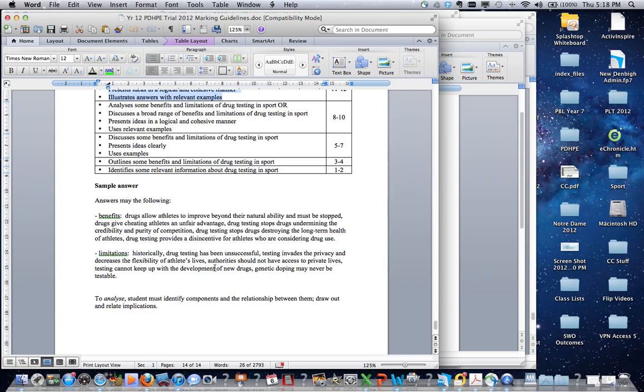Drug testing invades the privacy and decreases the flexibility of the lives of athletes. So having the ability for drug testers to go into an athlete's home at any time of the day, or to impose a drug test on them at any time of the year, certainly takes away some of the privacy of the athletes' lives, and that would be another limitation.